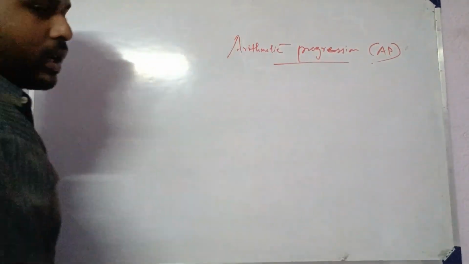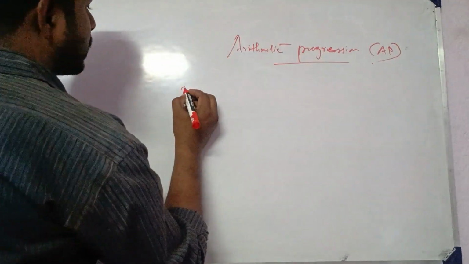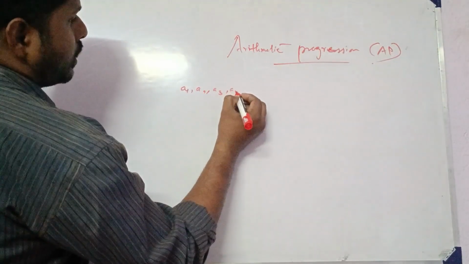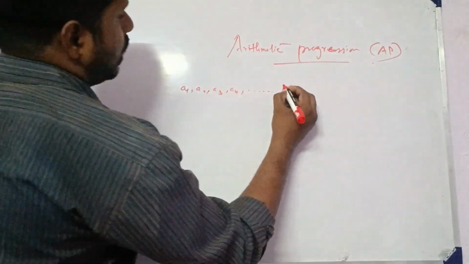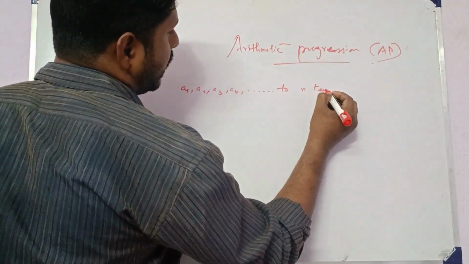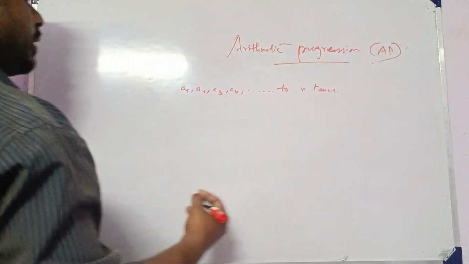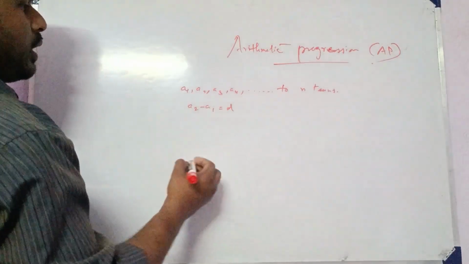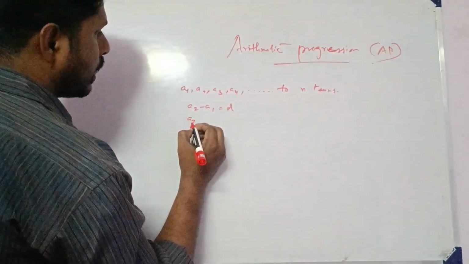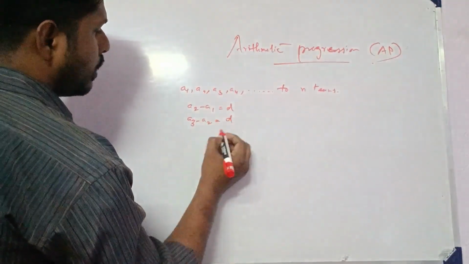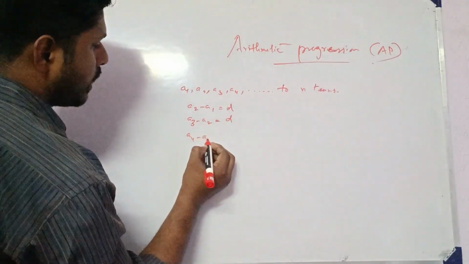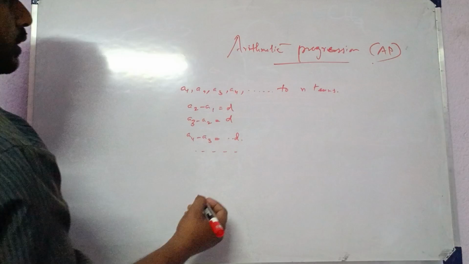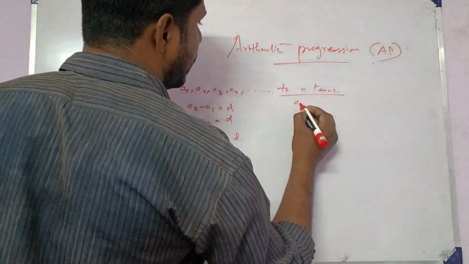Okay, now let's generalize AP. Let the first term be A1, second term be A2, third term be A3, fourth term be A4, and so on up to n terms. There are n number of terms. So A2 minus A1 is the common difference D. A3 minus A2 is the common difference D. A4 minus A3 is the common difference D. Like this up to n terms, let the last term be an.